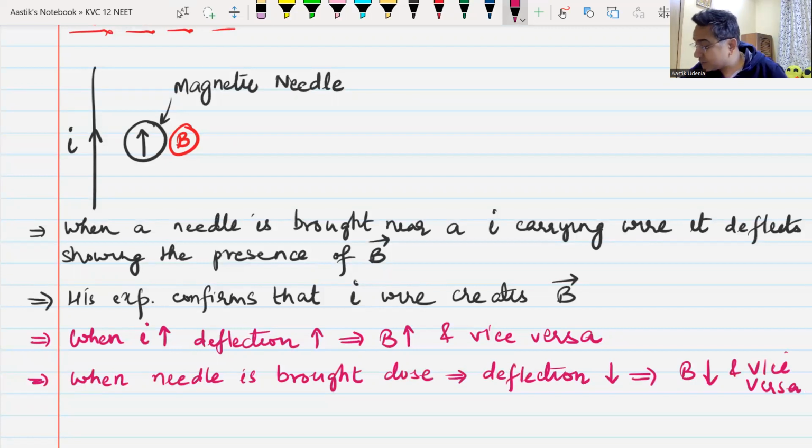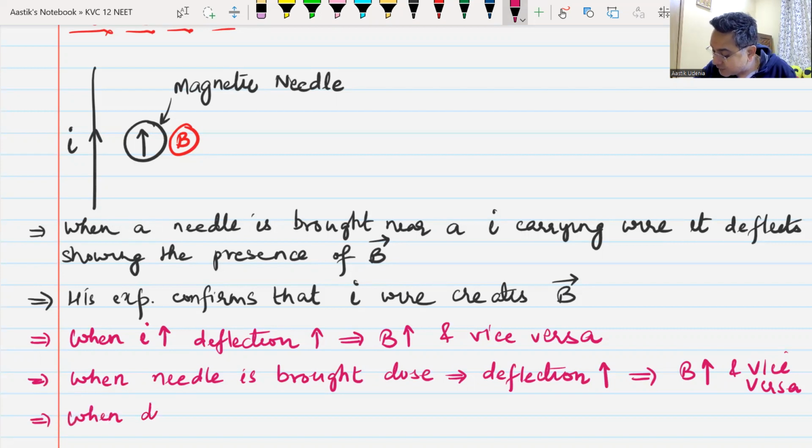Oh sorry, I've written it the wrong way around. When the needle is brought close, deflection increased. That implies that the magnetic field increases, and vice versa. That means when it is taken away from the wire, the deflection decreased.